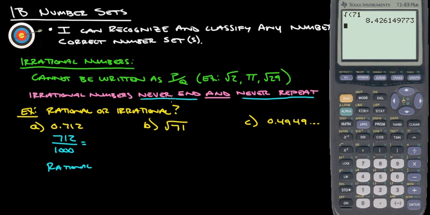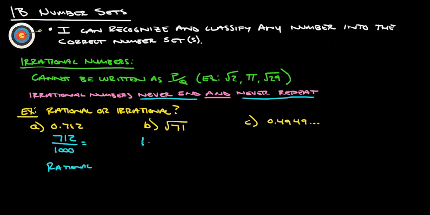So it fits this irrational number definition: it never ends and it never repeats. So this here would be irrational. And this here, the 0.4949, is the one we were just doing before. We know that we can represent this as 49 over 99, so this one has to be rational.